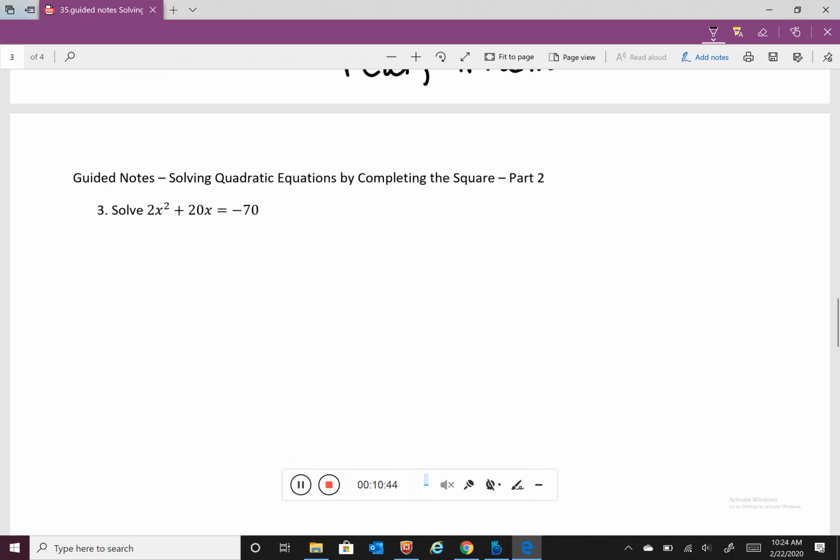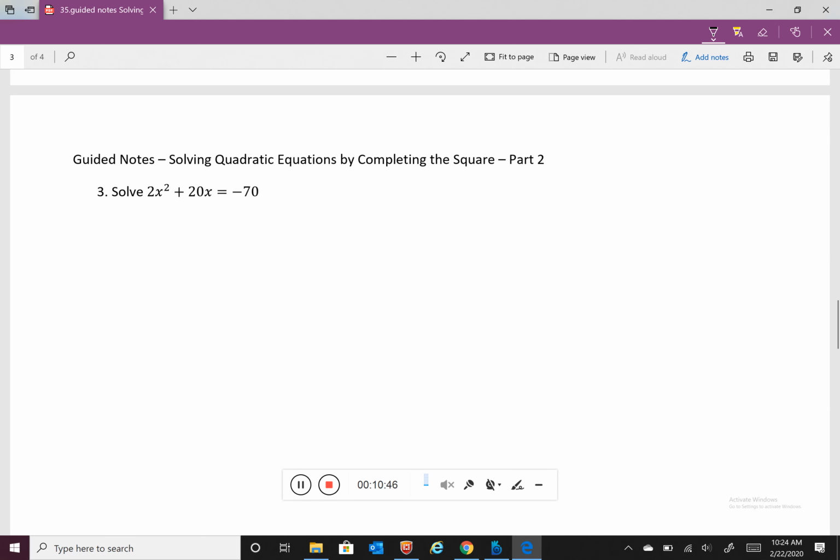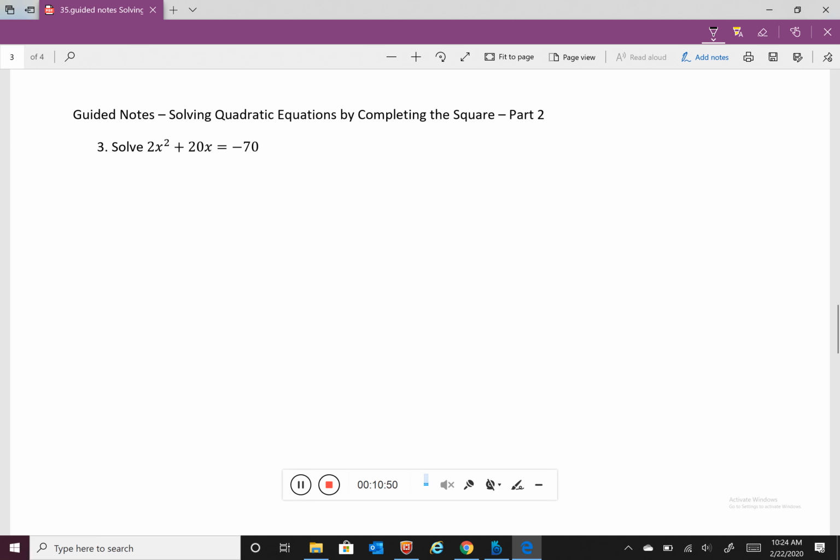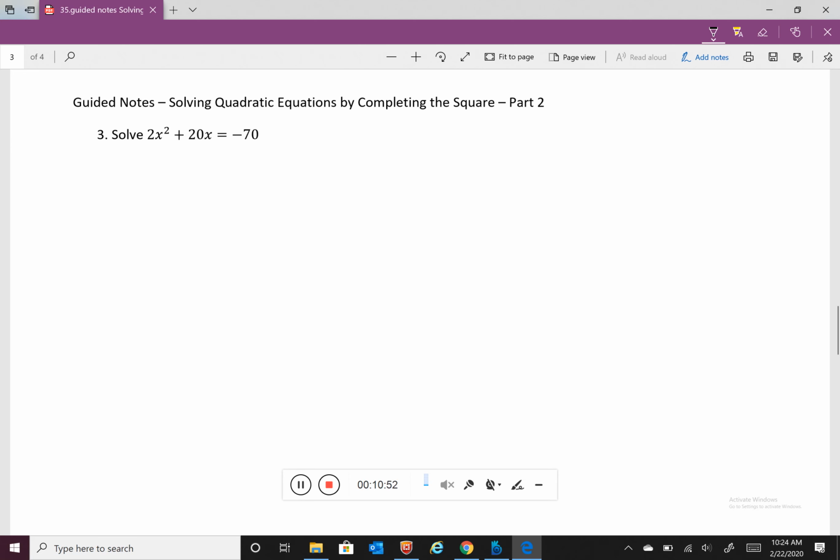For our last example, notice our variable terms are on the left-hand side, but our constant is on the right. Notice also that a is not equal to 1. A is 2. Therefore, we're going to divide all by 2.